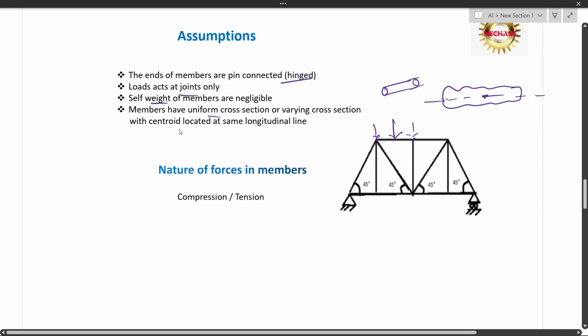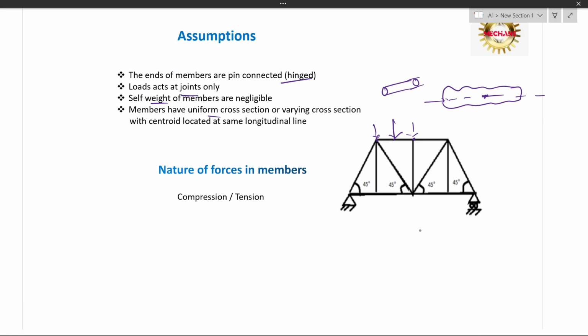Then there are two types of force that act on a member. It may be either compression or tension. We usually mark compression like this and tension like this. But here we consider from the point: if a force acts like that in this member, and in this member if it acts like this, this member is subjected to tension, because you should consider from the point only.